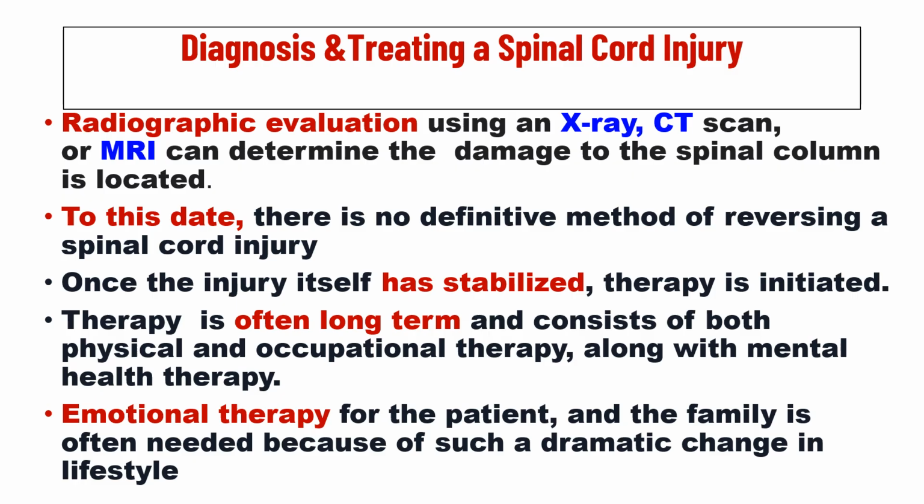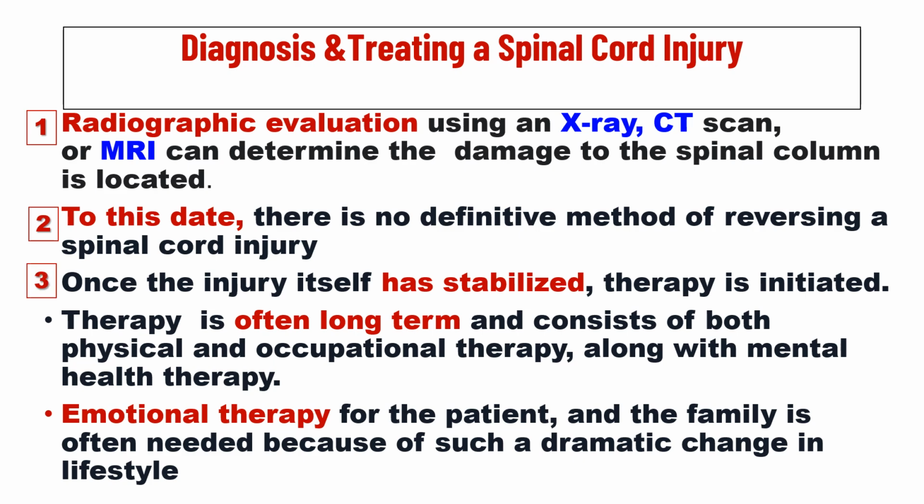Coming to the important diagnosis and treating the spinal cord injuries. Radiographic evaluation is a must, using an X-ray or CT scan or MRI can determine where the damage of spinal column is located. To this date, there is no definitive method of reversing a spinal cord injury.